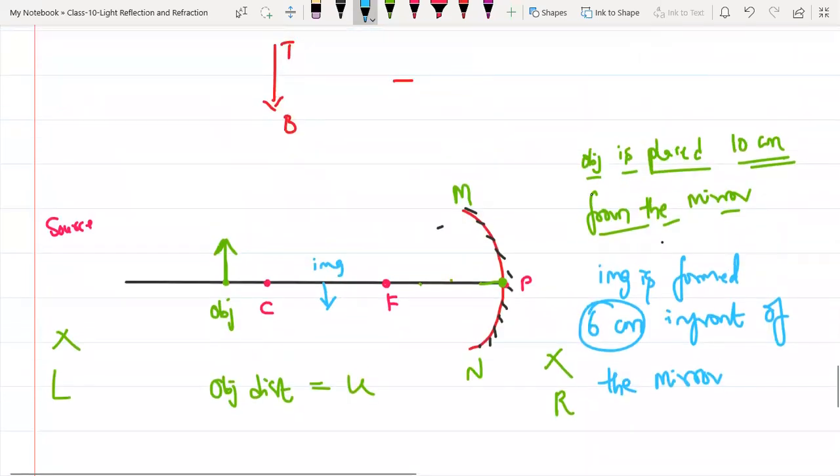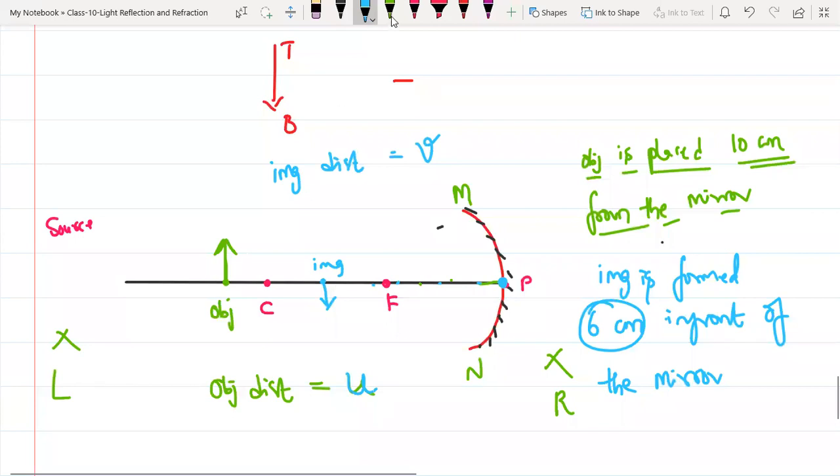You will take pole P as the reference point, right? From here only, 1 centimeter, 2, 3, 4, 5, 6 centimeter, right? So reference points are important. Now, this image distance is represented with letter small v. So object distance with u, image distance with v.